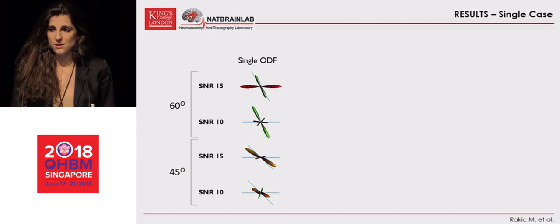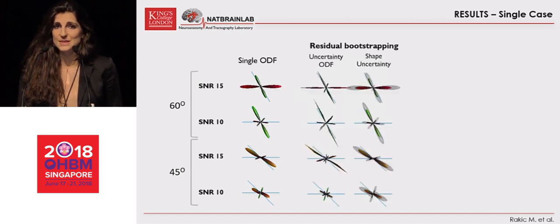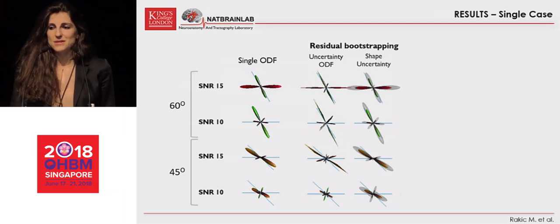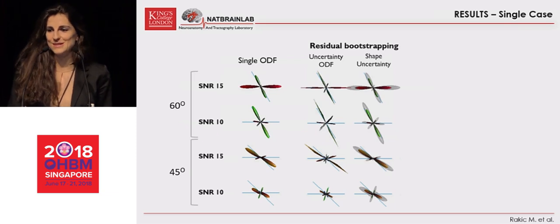Then looking at the residual bootstrapping results, we see that they're actually not much different. The uncertainty ODF is just the same as you move to low crossing angles and low SNR. You get local maxima directions which are almost 90 degrees off for one of the fibers.